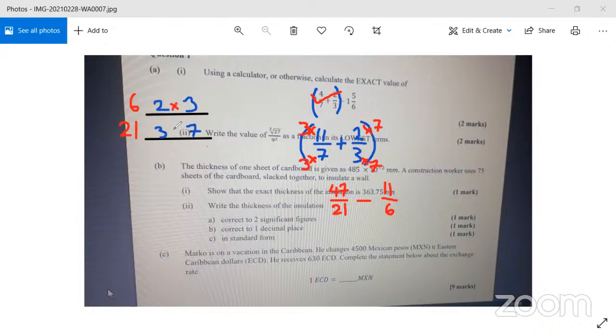So how would we work this out? What would we actually say about this?